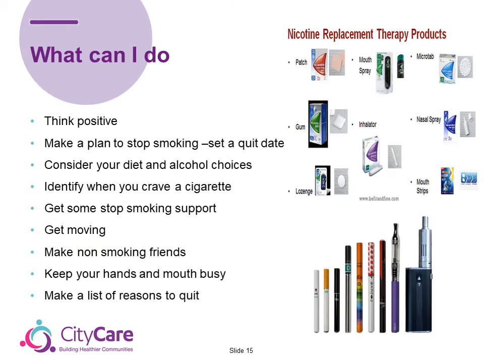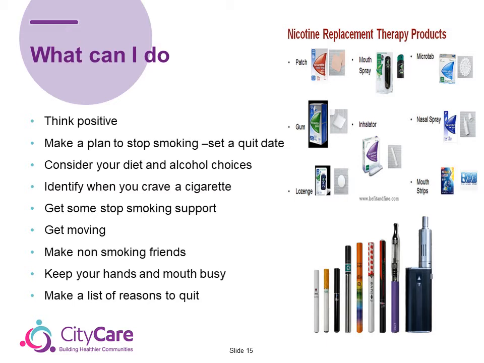If you are a smoker, there are many things that you can do to help you to stop. You can start to think positive. Try to imagine yourself as a non-smoker. Making a plan and setting a quit date is very helpful. Consider your diet and alcohol choices.